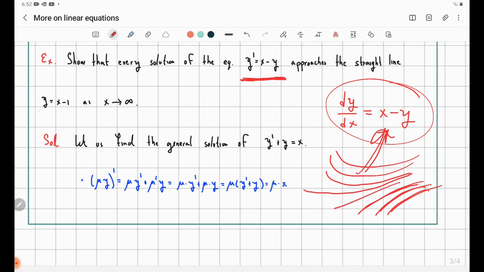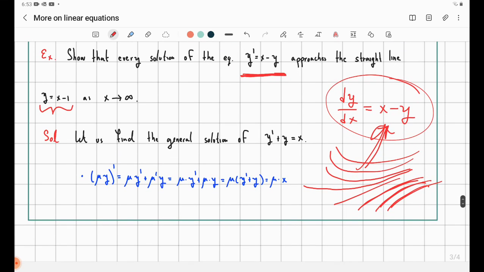Namely, the asymptote is given by the line y equal to x minus 1. So this line is an asymptote for all the solution curves. All the solution curves approach at infinity the same direction given by this line.